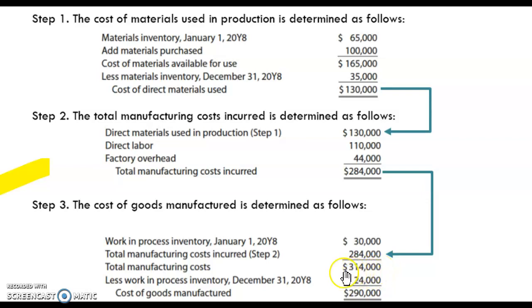So it's your beginning WIP plus your manufacturing cost incurred during the year. Subtract out your ending WIP, and that's going to give you your cost of goods manufactured. So this is what you want to memorize, the steps and how to get these numbers. And we're going to go over this in more detail in another video.